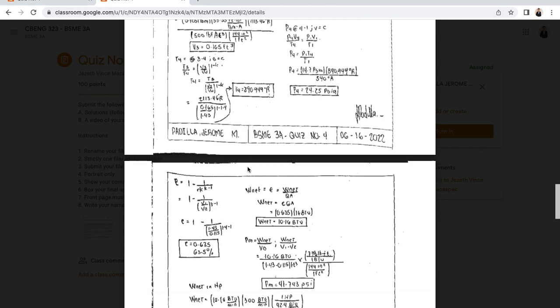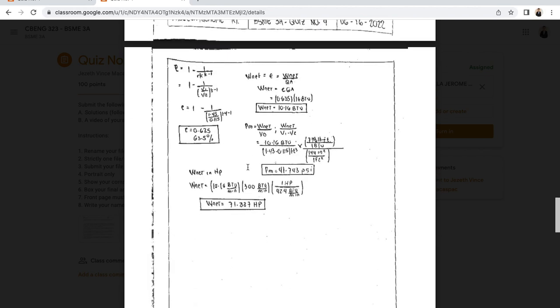For the E, the formula for the E is 1 minus 1 over rk raised to K minus 1, or yung rk is V1 over V2. So 1 minus 1 over 1.43 over 0.115 raised to K minus 1, which is 1.4 minus 1.